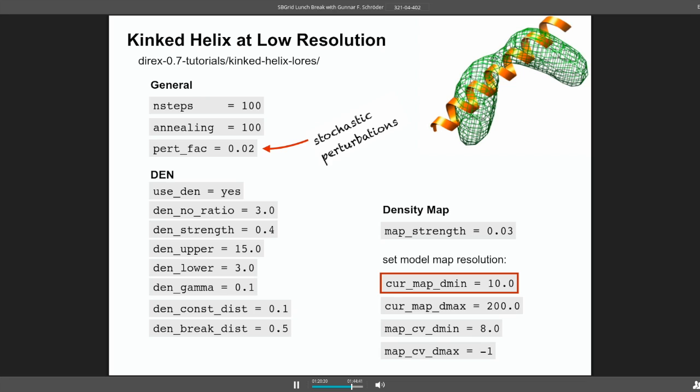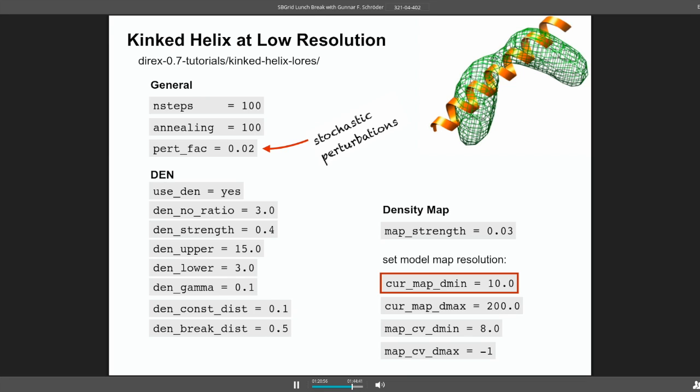And then there are the DEN parameters that define these DEN restraints. First of all, you set it to yes if you want to use them, and then the number ratio is the number of restraints per atom that are used, and the restraints are generated automatically and randomly. Then the strength of these restraints, and upper and lower is the distance interval from which these restraints are chosen.